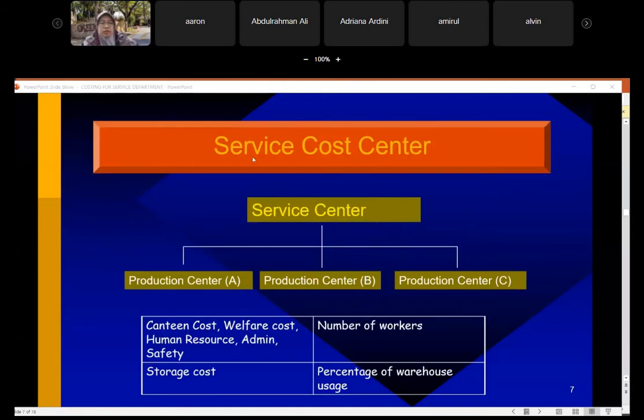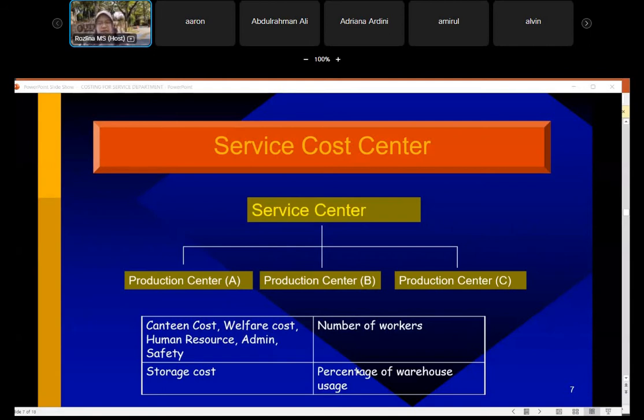Now we go to how they absorb, by looking at, okay, this is maybe their basis. In activity based costing, we use the name cost driver. For this part it is also actually a cost driver, but the specific name is, I think, just basis.